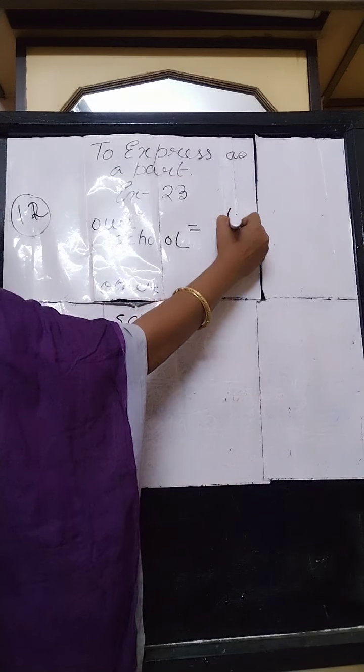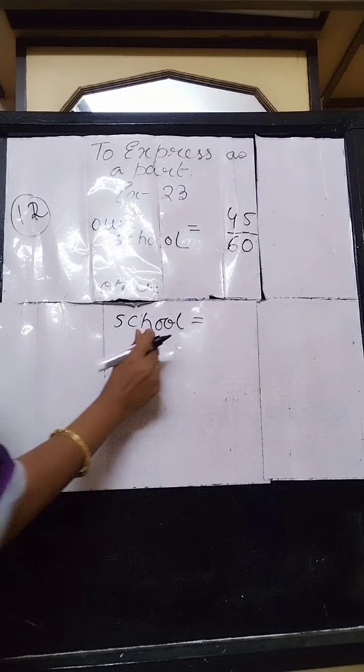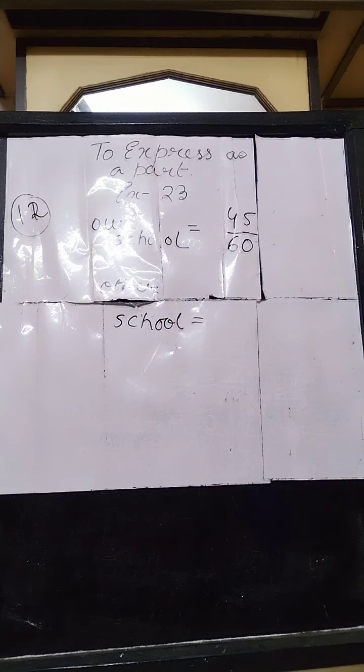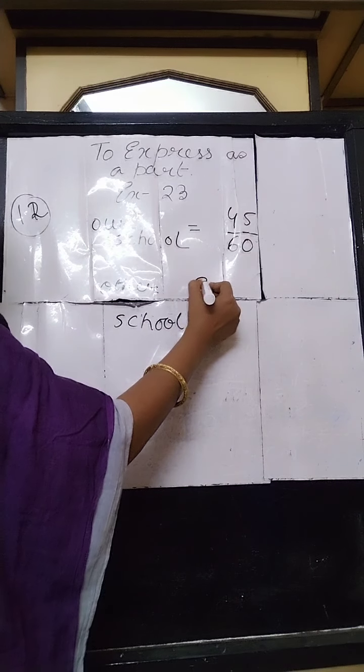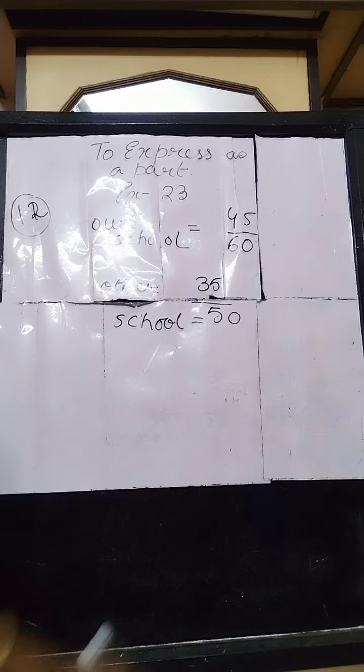So 45 by 60 is the attendance. And in case of the other school, the attendance is 35 out of 50. Now we have to do the comparison of whose attendance is better for that day.